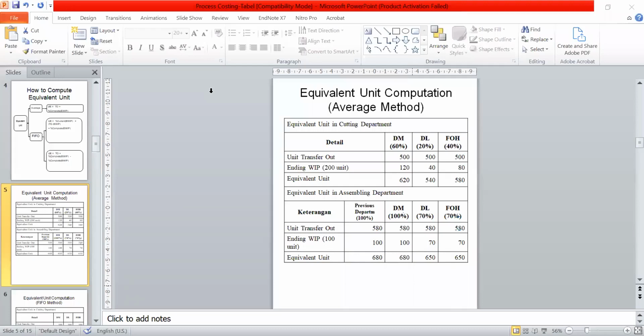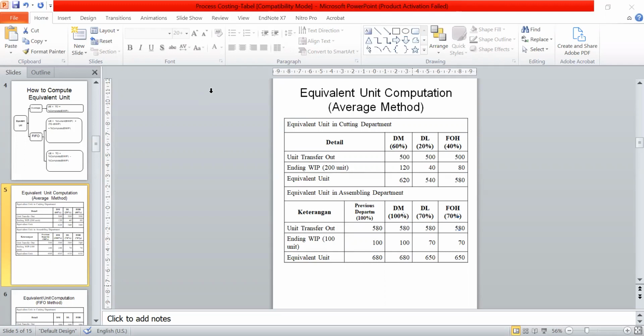To compute the equivalent unit, we need to compute for each of the three types of production cost. So we need to compute how much the equivalent unit is for direct material, for direct labor, and also for the factory overhead. Take a look at this number.